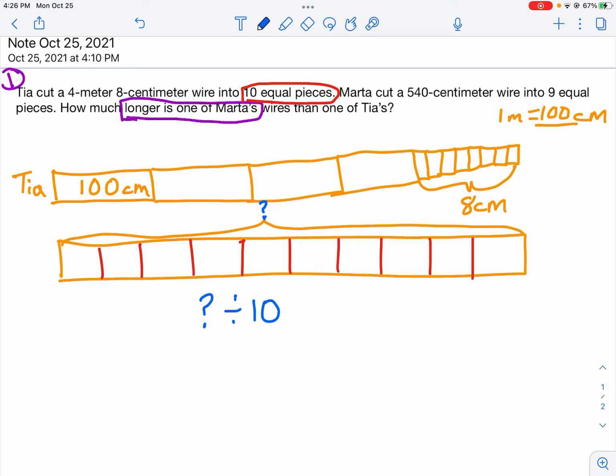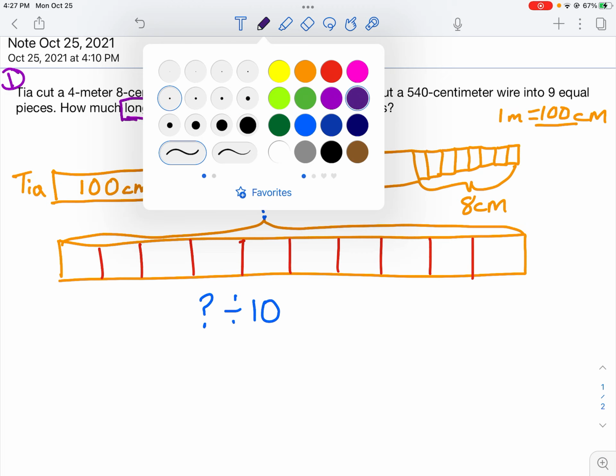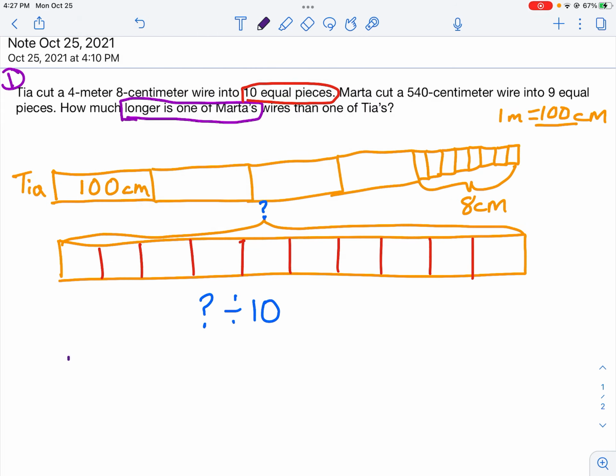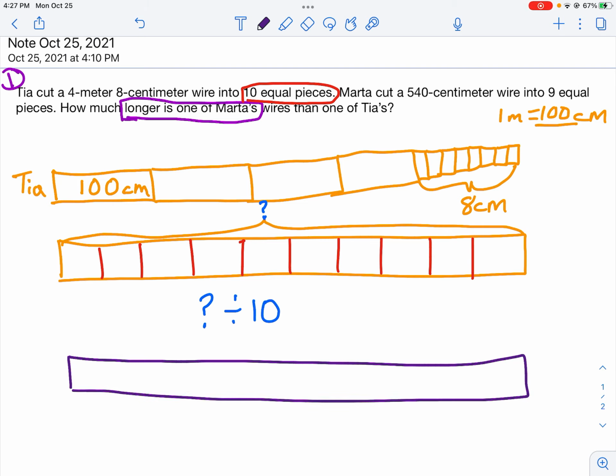Now, it's a little bit easier when we get to Marta's, because Marta already tells us that we have 540 centimeters. So this is 540 centimeters. And this time, we're going to cut it into 9s.